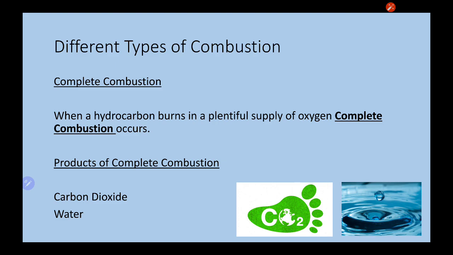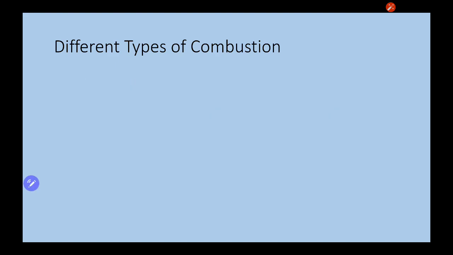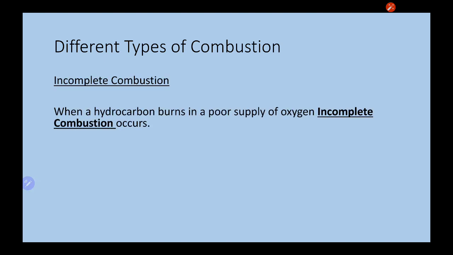You're not going to get a lot of the fuel turning into these products, and in fact you'll get what we call incomplete combustion. So when a hydrocarbon burns in a poor supply of oxygen, remember there still has to be oxygen there, otherwise it won't work at all. But if there's a poor supply, then you get incomplete combustion.